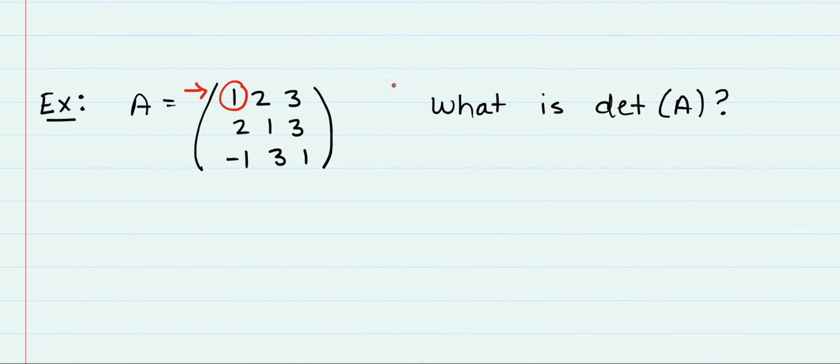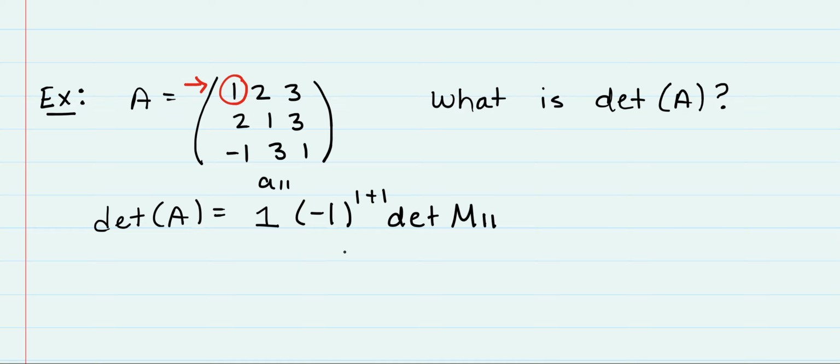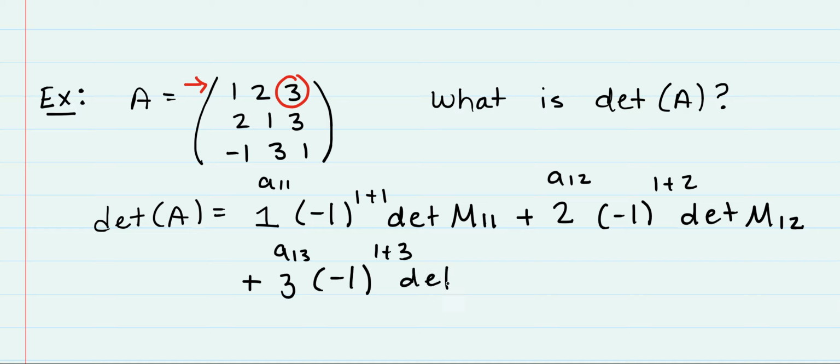In here is 3. So let me write this out. The determinant of A is 1, this corresponds to A11, times negative 1 to the 1 plus 1, determinant of M11, plus 2, this is A12, times negative 1 to the 1 plus 2, determinant of M12, plus 3, which corresponds to A13, times negative 1 to the 1 plus 3, determinant of M13.